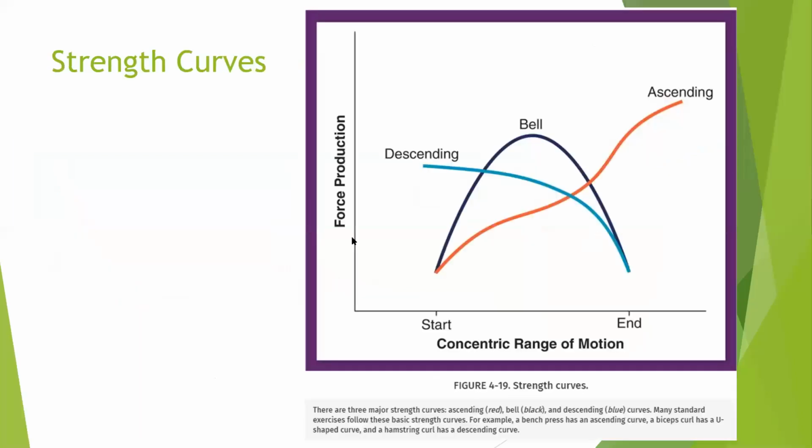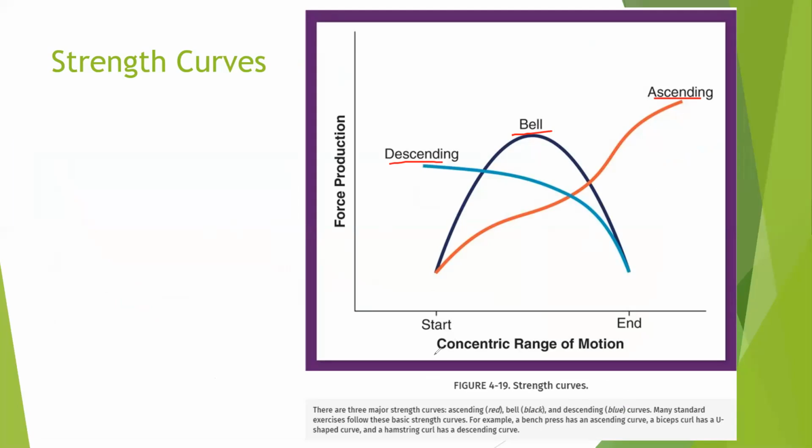Now, here, when we get into this strength curve, this is telling us where or how much force production we have during a given exercise. You have three different types of strength curves. You have a descending, you have a bell curve, and you have an ascending curve.